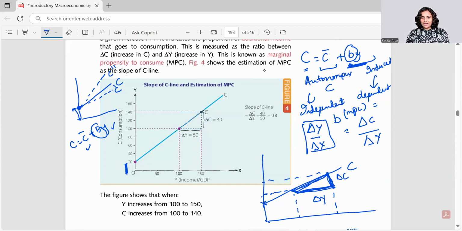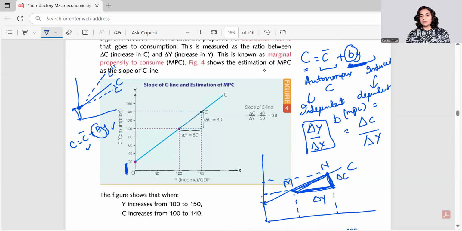At this point, I'm writing M and N as points of reference. So what change has come from point M to N in terms of income and consumption when shown on this diagram?